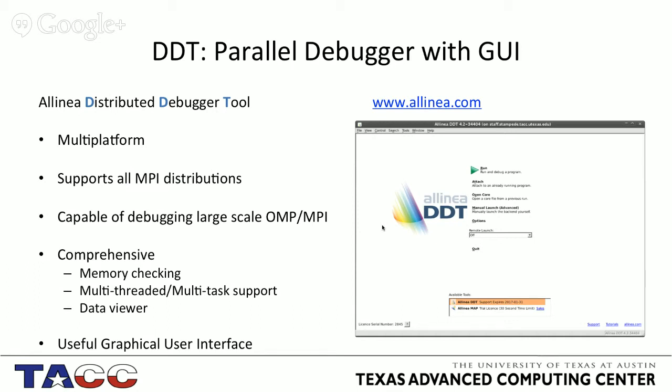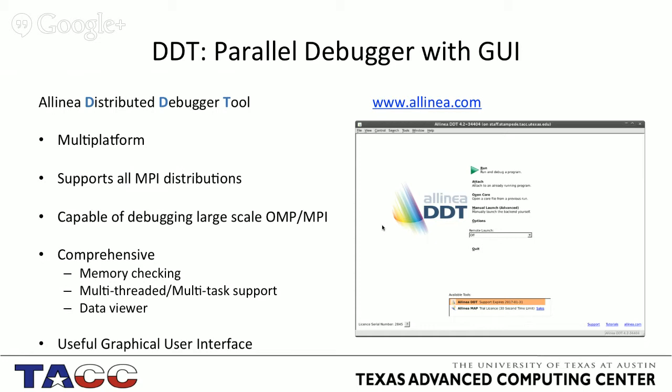It's also integrated into our scheduler, so you can use it with the scheduler. It adds some features that I don't think are available directly in GDB, like memory checking. It can show you memory use, and it can help you look for memory errors maybe before you segfault and cause your code to crash. As I said, it's got MPI and OpenMP support.